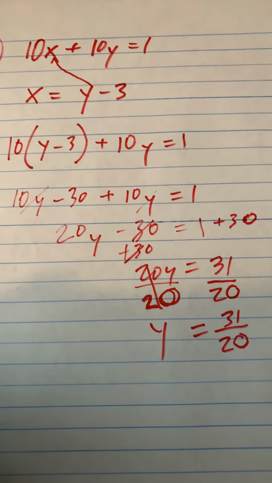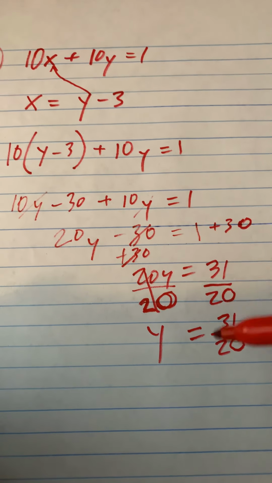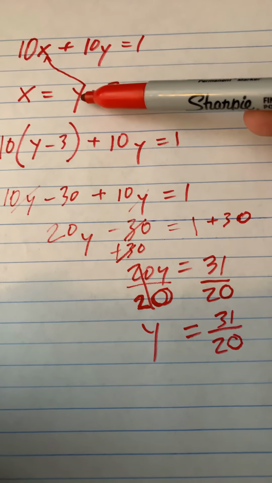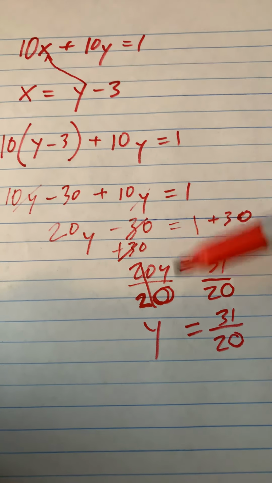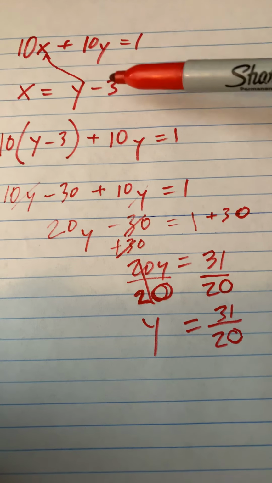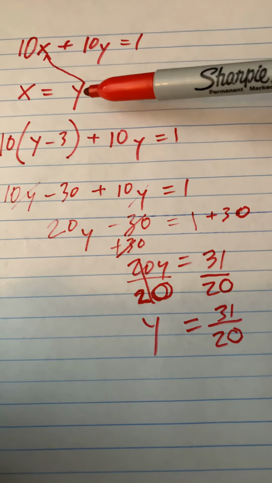Okay, now that we've got a value for y, we can go ahead and plug it in. The easiest one, I think, to plug it into would be this one right here. We could actually plug it into this one as well, but that's going to be a little more work. So I'm going to plug in 31 over 20 for this y.